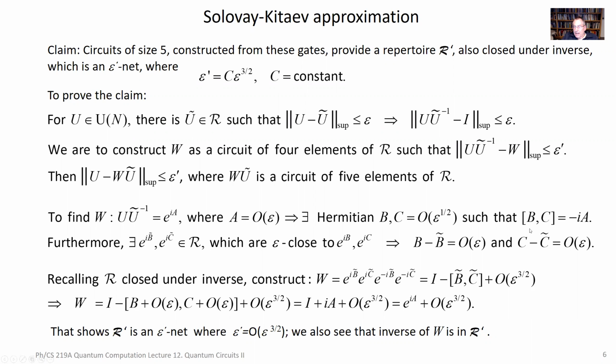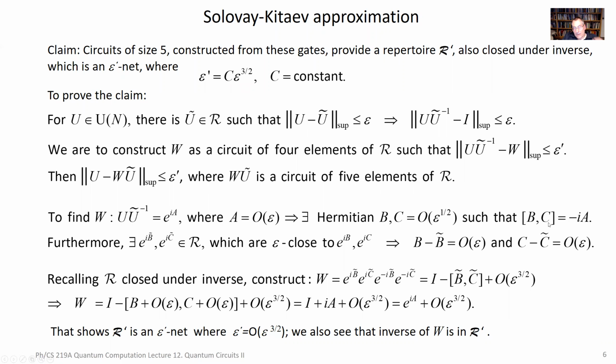That's what it took to get a good approximation to U tilde inverse. That took a circuit of size 4, but that means we have a circuit of size 5, W times U tilde, which gives me the approximation we were looking for to the target unitary with this error, which is of order epsilon to the 3/2. So that's how the claim works.